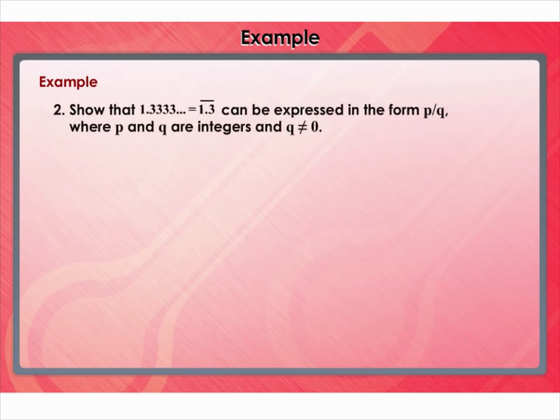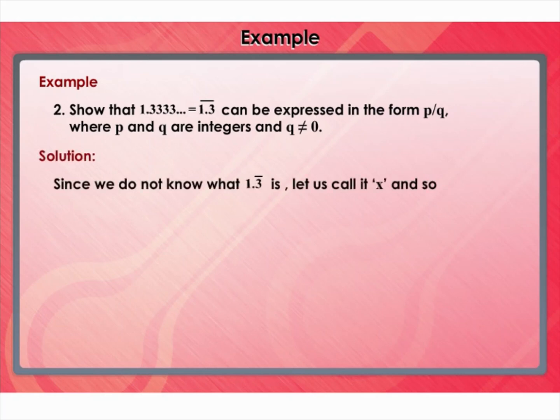Now let's consider the next example, when the decimal expansion is non-terminating, recurring. Show that 1.333 etc., which is equal to 1.3 bar, can be expressed in the form p by q, where p and q are integers and q is not equal to 0.